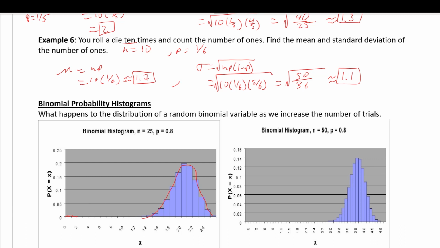And what would be the center? Well, we know that the mean here is n times p. n is 25, p is 0.8. If you calculate that, you should get 20. So here's 20. That seems like it's the mean. Yeah, that box right there is 20.